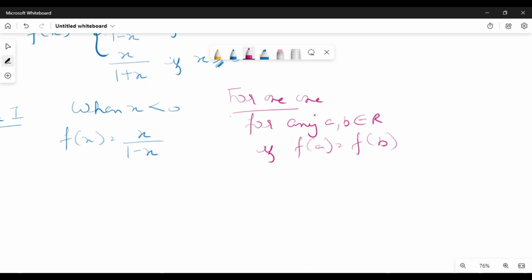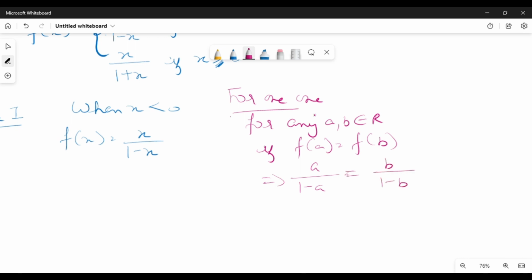Let us check whether we are able to prove that a is equal to b, that is, the numbers are the same. a and b belonging to R, if f of a is equal to f of b. Here the function is x over 1 minus x, so it will be a over 1 minus a is equal to b over 1 minus b.